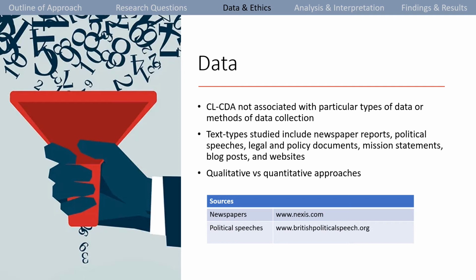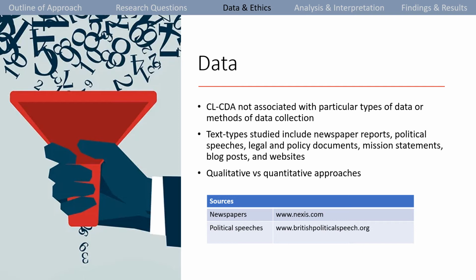It has an interface that allows researchers to easily locate and download articles containing certain search words or phrases published by particular newspapers within a specified time period. Nexis requires an institutional subscription, but most universities will hold one of these. Likewise, access to newspapers' own online content is often limited, if not completely paywalled. Again, though, most universities have some kind of access deal with those major national newspapers who do paywall their content.